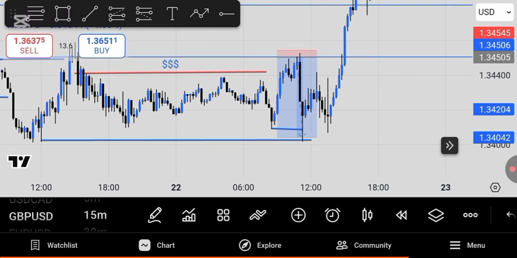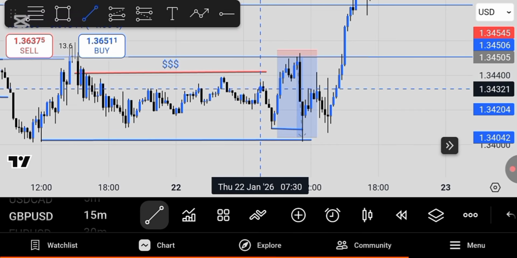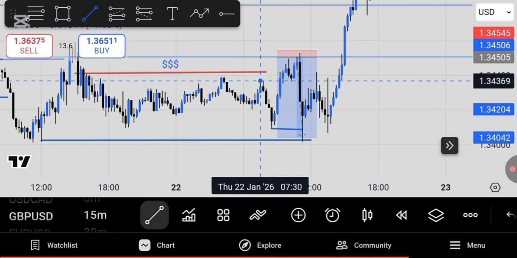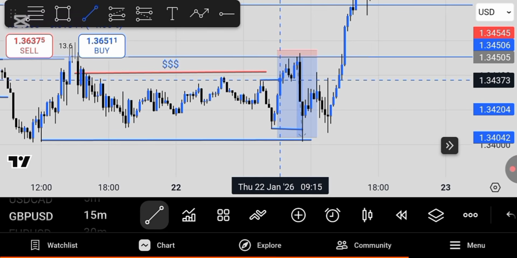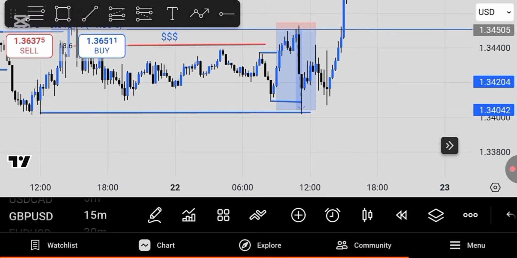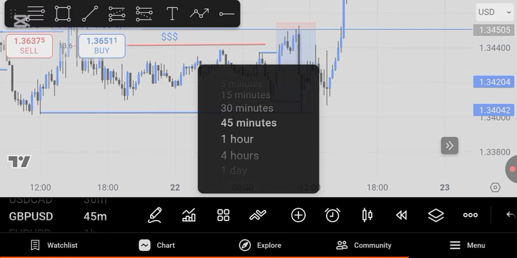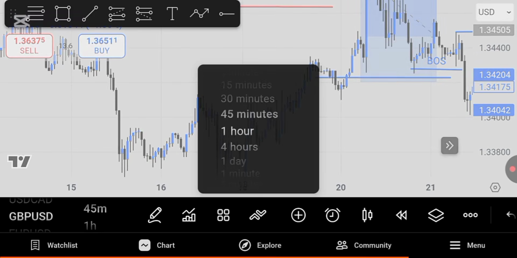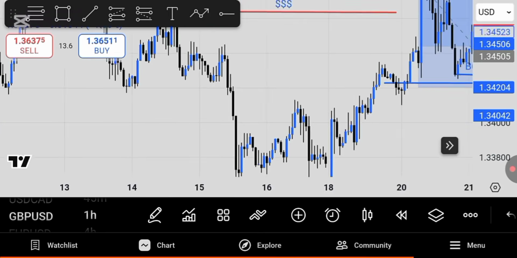Secondly, we had a break of structure, which is here. And now let's go to our higher time frame to get our POIs, which is either the 1 hour or 4 hours time frame.